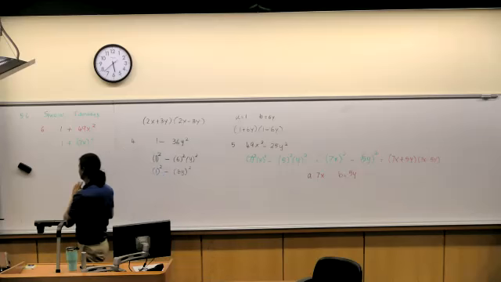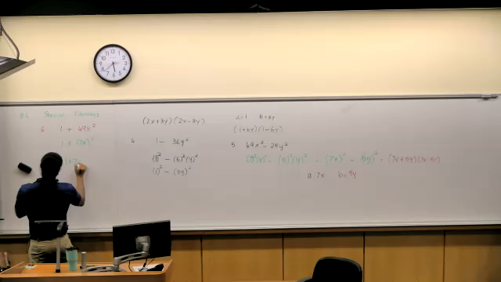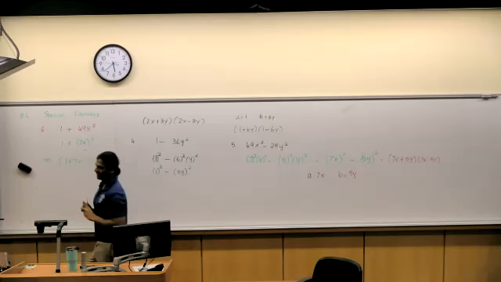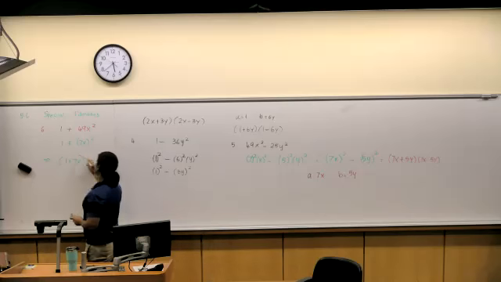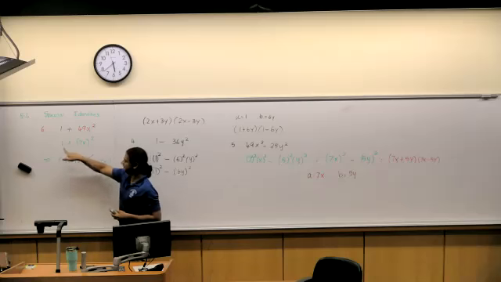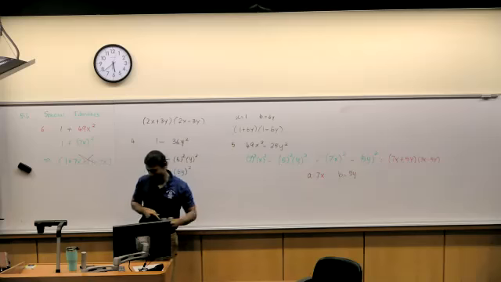From that point onward, this is what some of you did. 1 plus 7x times 1 minus 7x. Yes, that's not correct. Because a plus b times a minus b is a squared minus b squared. Yes, that's what we've been doing.